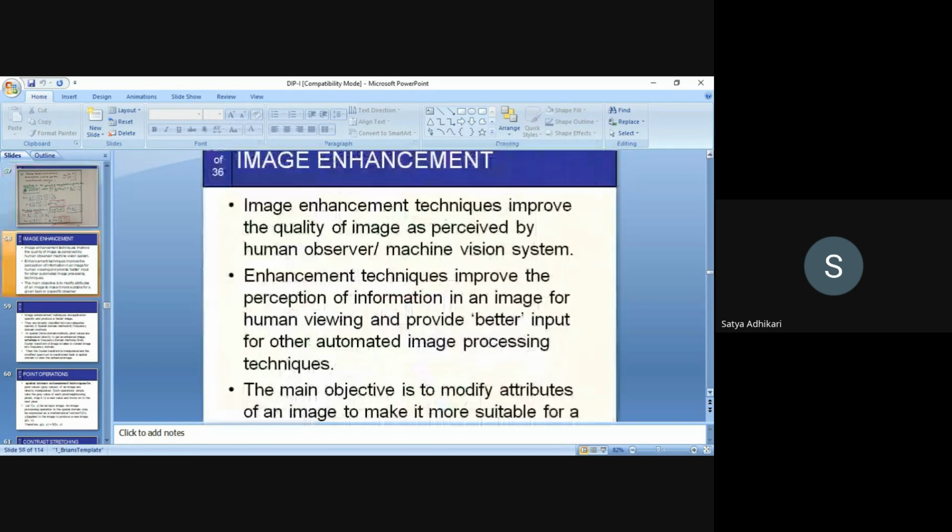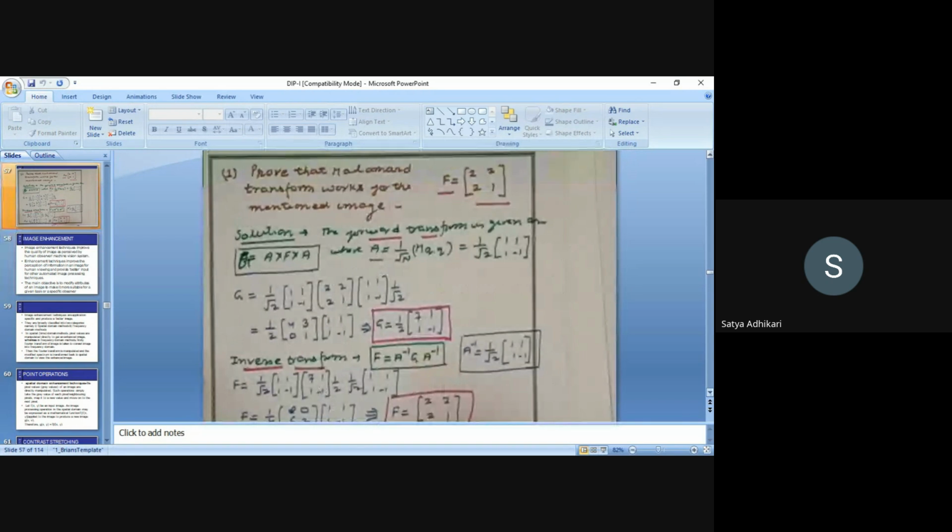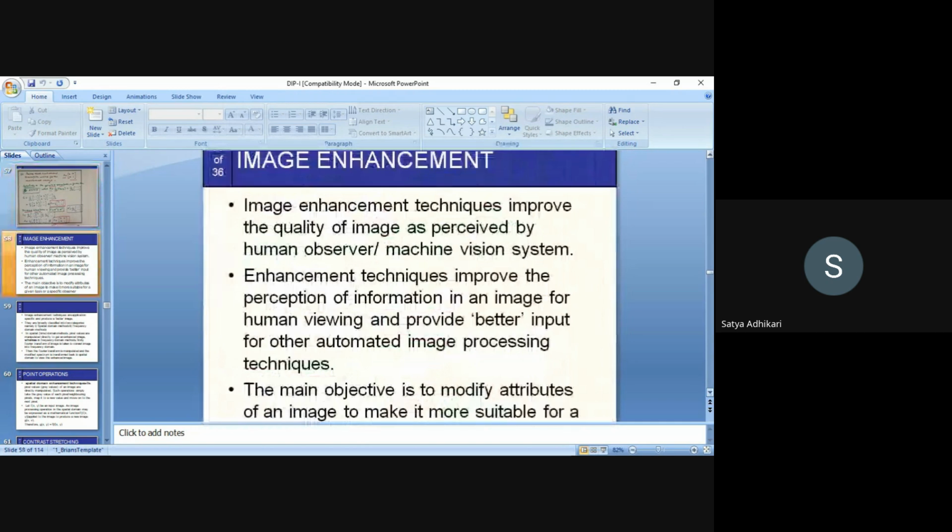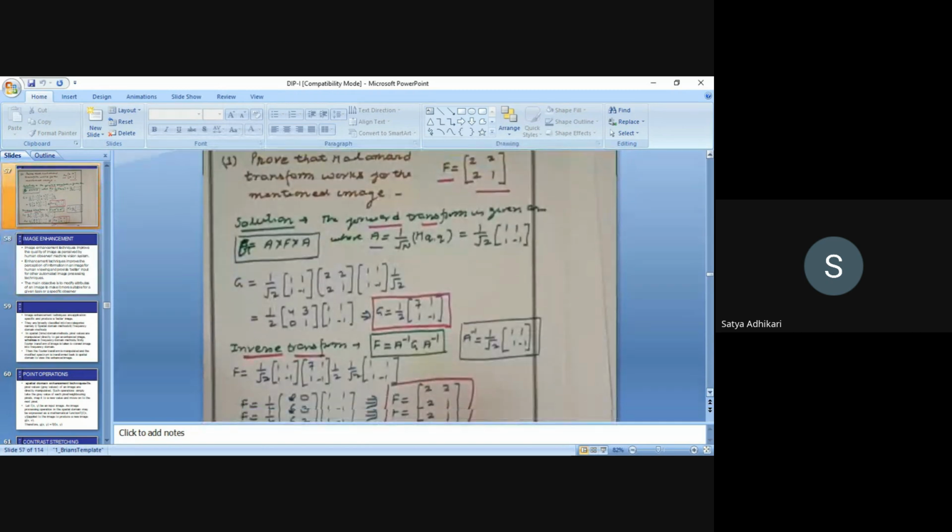So you will see we get its original form again. Using the inverse transformation, we get F as 2 2 2 1, which was originally 2 2 2 1.